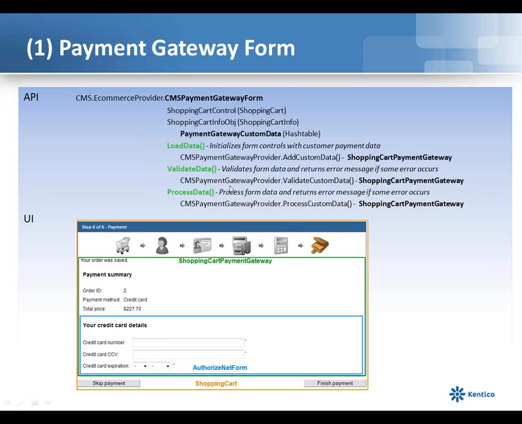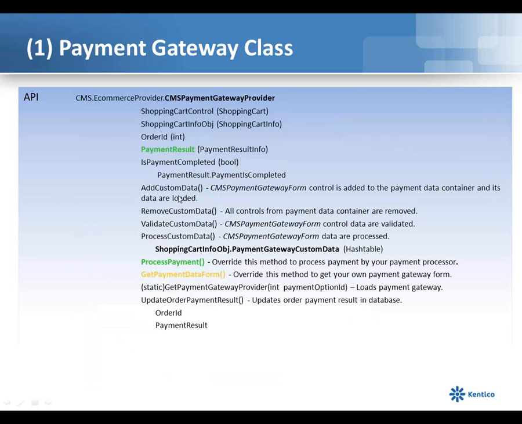The best way to store that information, like the credit card, etc., within my form is within shopping cart info. There is a payment gateway custom data property, I would say. It's basically a hash table where I can store temporarily my credit card information, and that information then can be used in my gateway class.